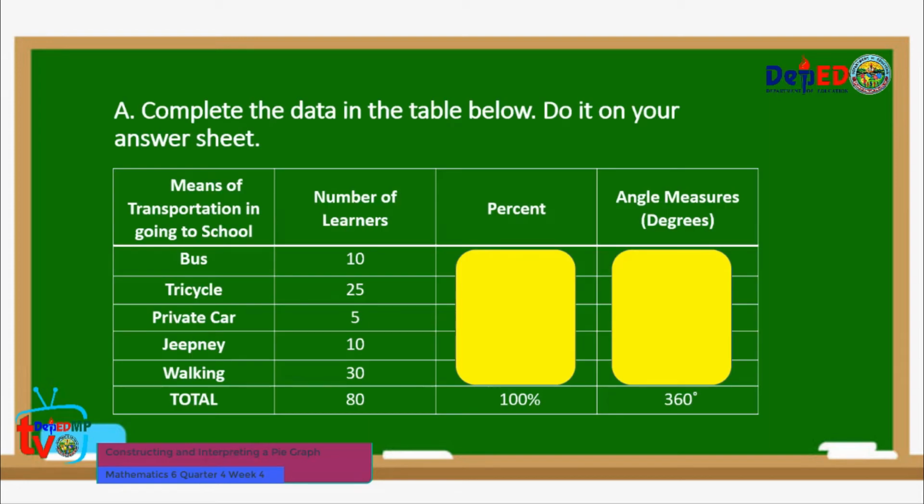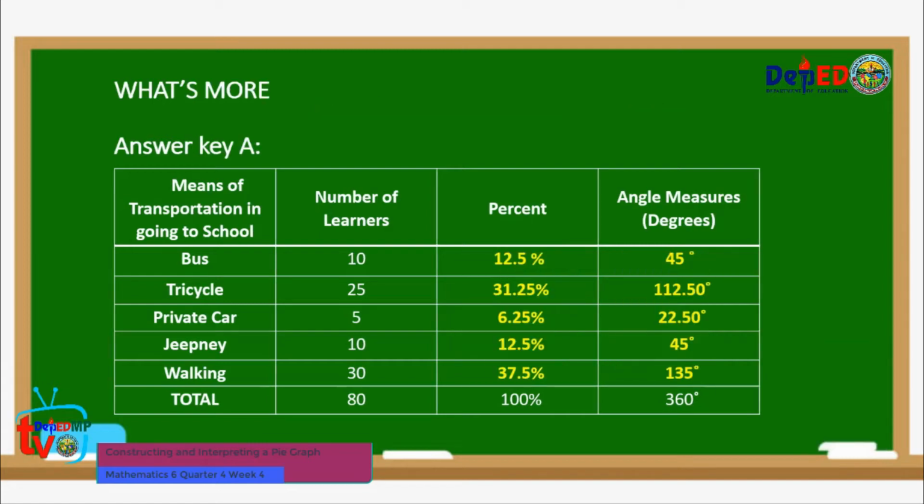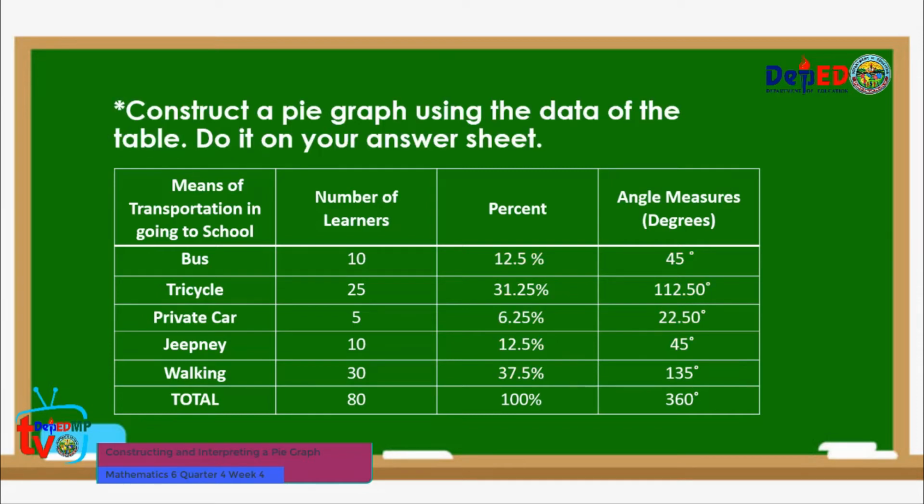Instruction letter A. Complete the data in the table below. Do it on your answer sheet. Now I'm going to give you 5 seconds to fill up this data. Time's up. So this is the answer key of A. Construct a pie graph using the data of the table.